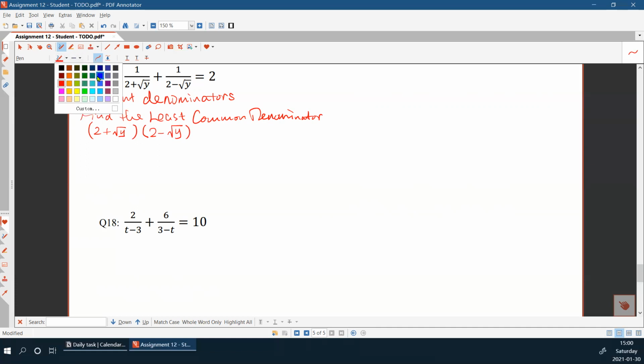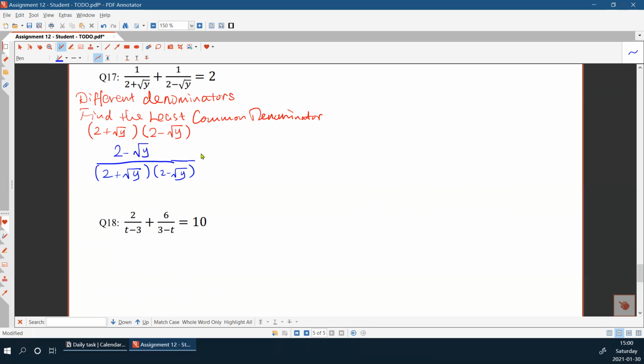Okay, then the original equation becomes 2 plus square root y times 2 minus square root y, okay? And if we multiply 2 minus square root y to the first term, it becomes this one, right?